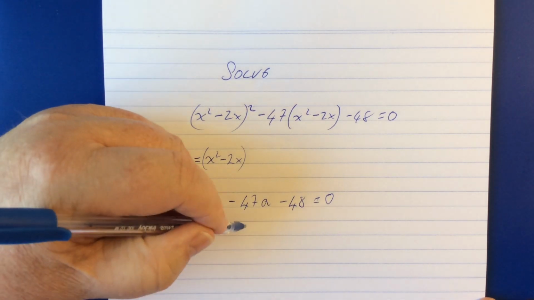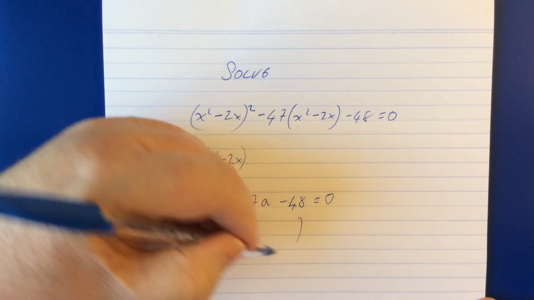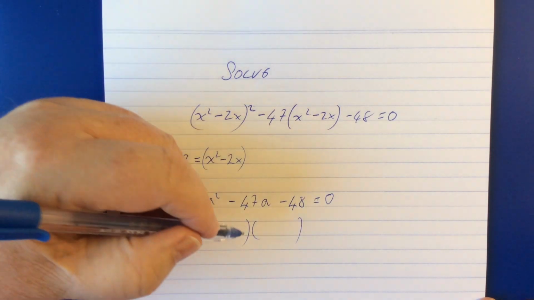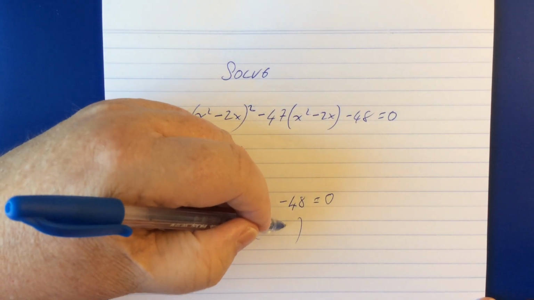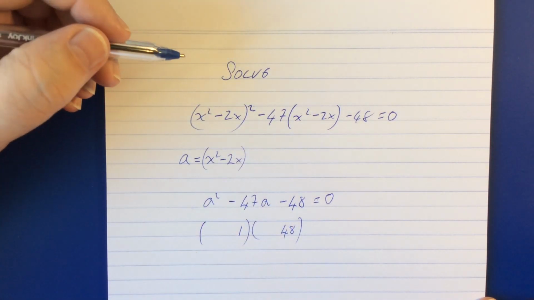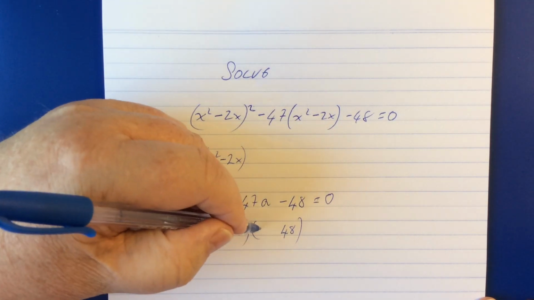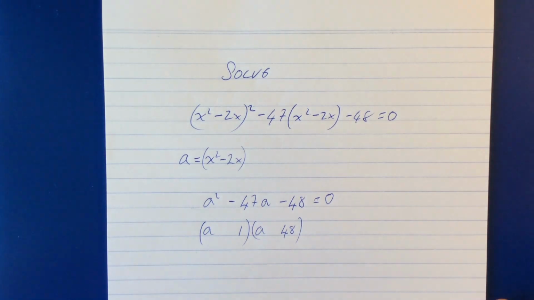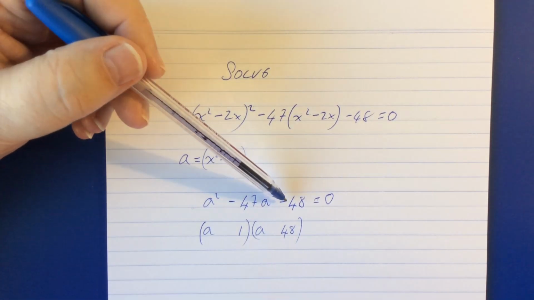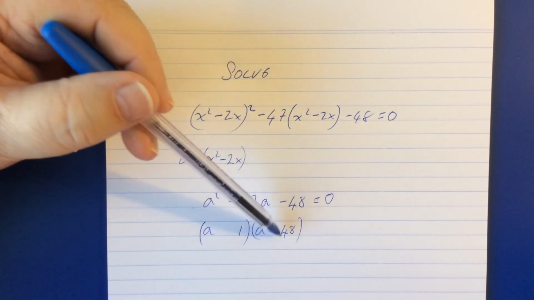And the answer is pretty simple, 1 and 48. And how do we get a squared? Well, a times a. So this is a step back into pretty straightforward quadratics. How do we get negative 48 out of this?